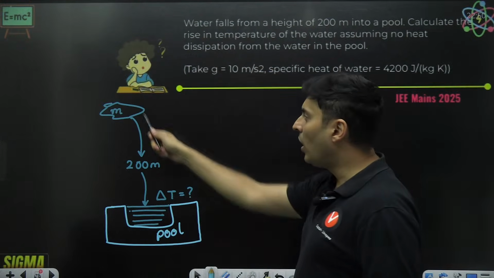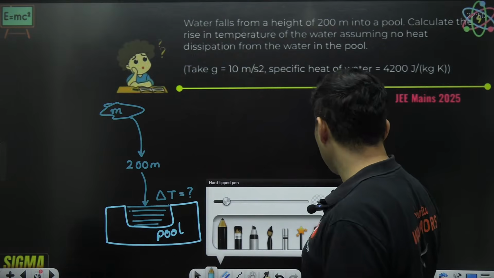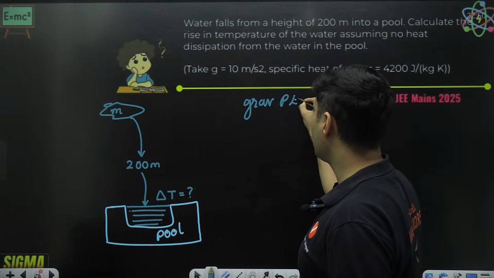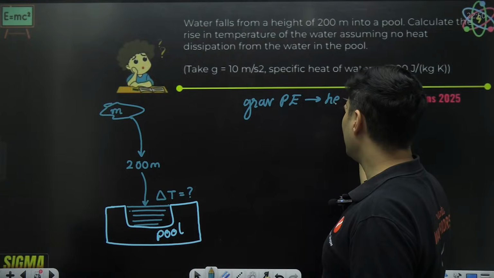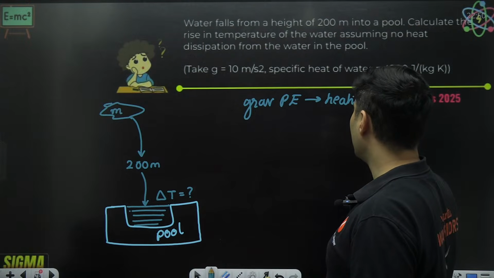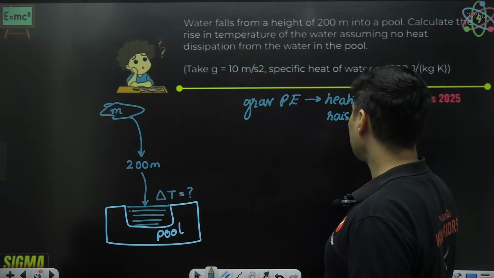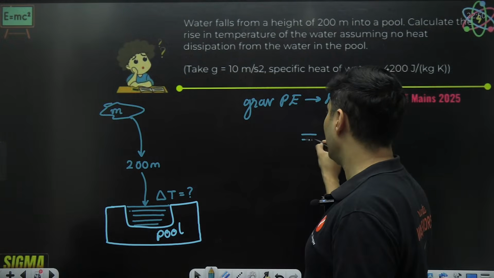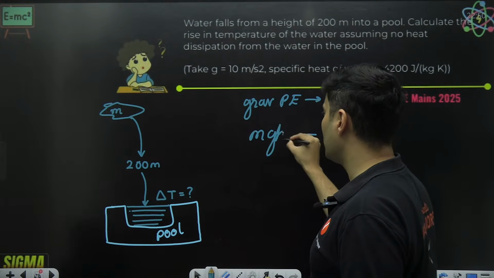So all my gravitational potential energy will go in heating and raising my temperature. Gravitational potential energy is mgh.